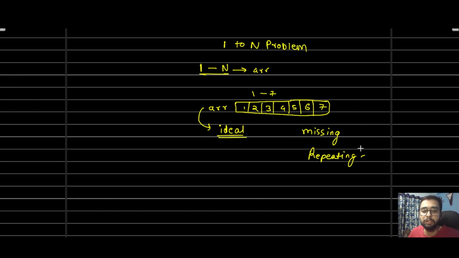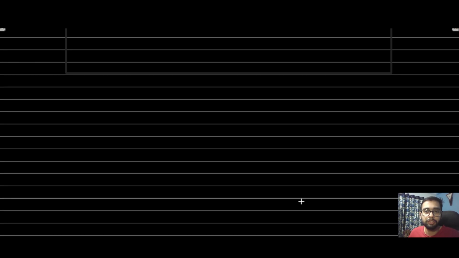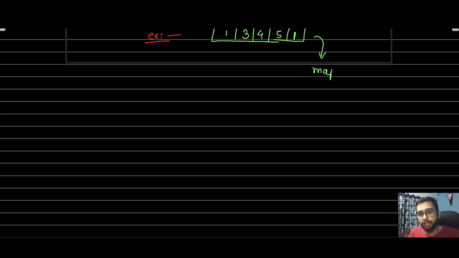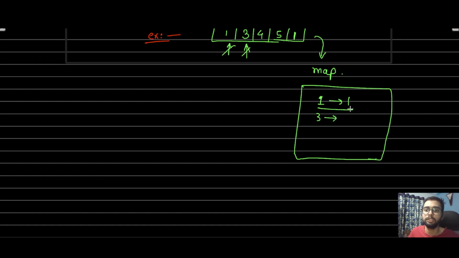But the array is not always like that. We can use the map solution, in which I take an array where some elements are repeating and 2 is missing. We'll create a map and check each and every element and its count. 1 is present once, 3 is present once, 4 is present once, 5 is present once, and 1 is present twice.